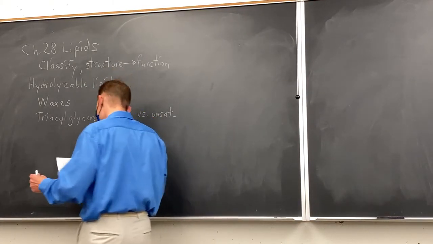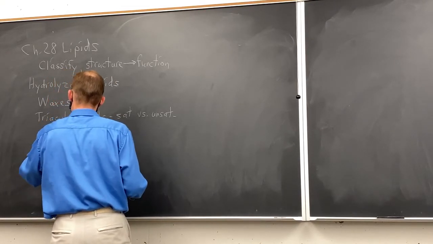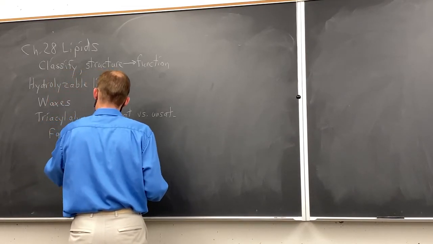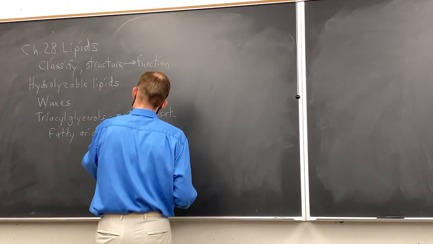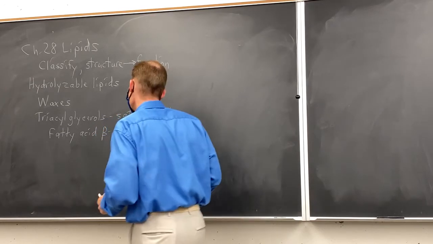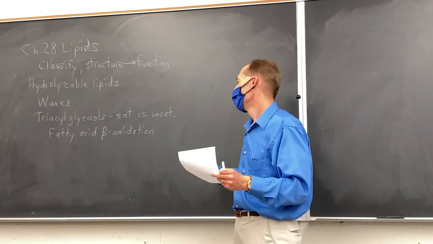catabolism pathway that we mentioned that was not in the book, fatty acid beta oxidation, where we made thioesters from our fatty acids.